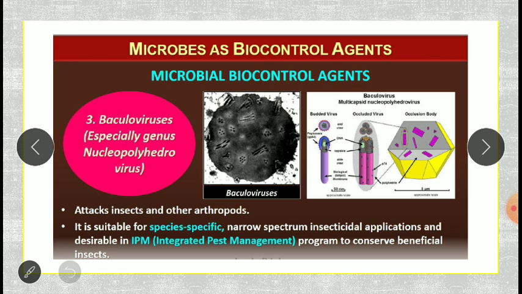Then the third example is the baculovirus, especially the genus nucleopolyhedrovirus. Nucleopolyhedrovirus, which is a type of baculovirus, is used as a biocontrol agent because these viruses attack insects and other arthropods.